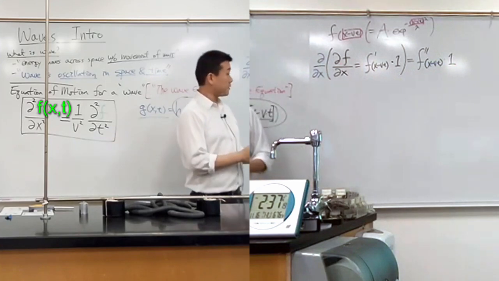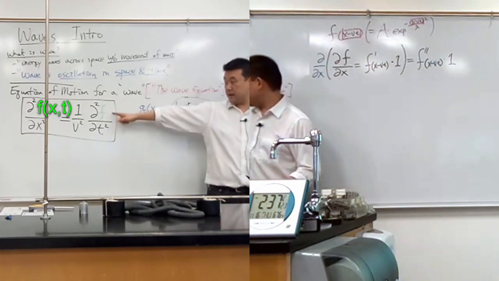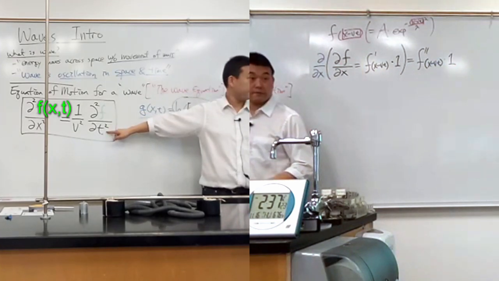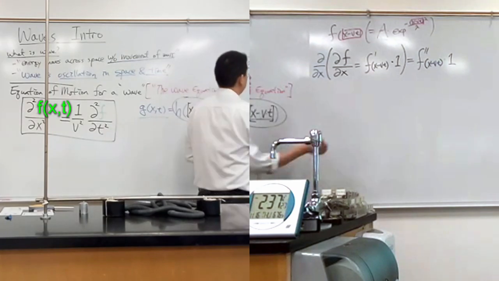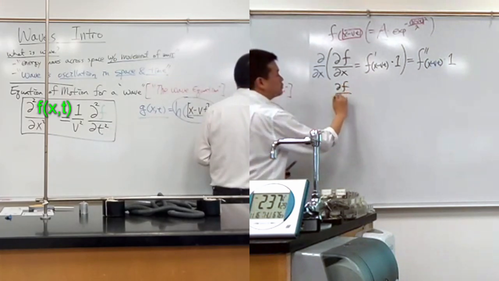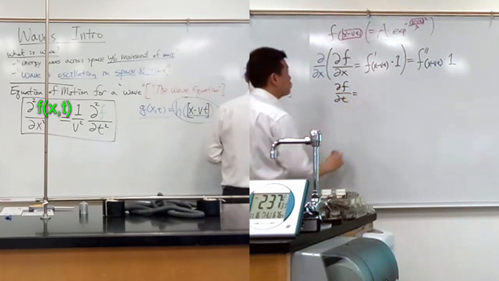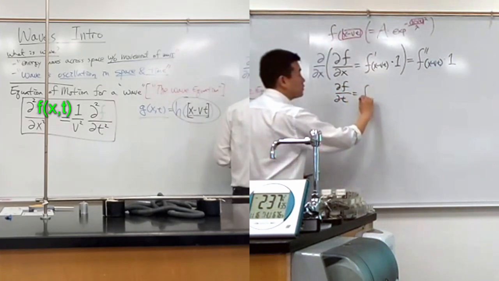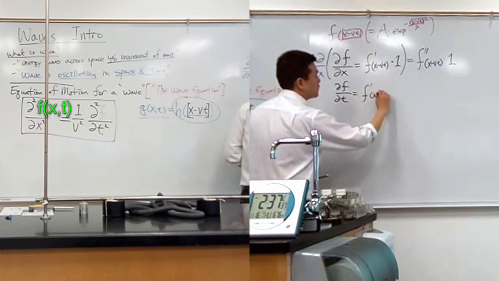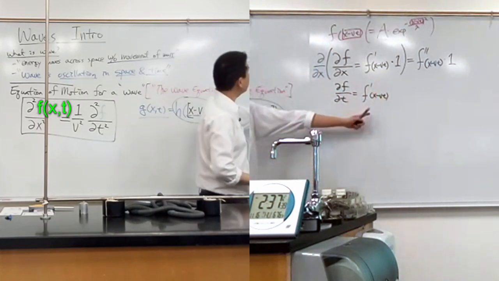Let me calculate the quantities I need for the right-hand side. I need a double time derivative, not the position derivative. So let me take the derivative of f with respect to time. The derivative of the outside will be the same because it's the same outside function, f prime of x minus vt. Now this is where I have to be careful.